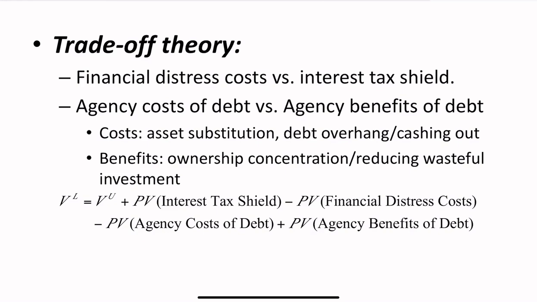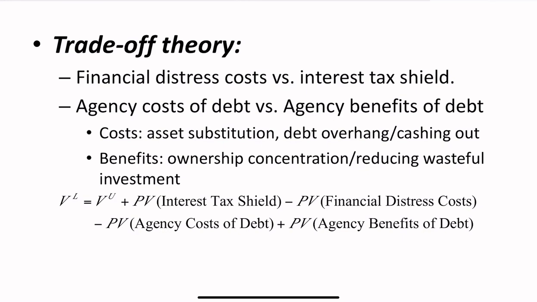If you use equity to finance your project, then you have to divide the firm's ownership, and this will have some incentive effect. You can imagine that if the ownership concentration is higher, then the managers will actually work harder and they will consume a smaller amount of perks.